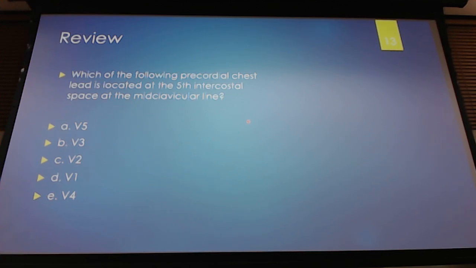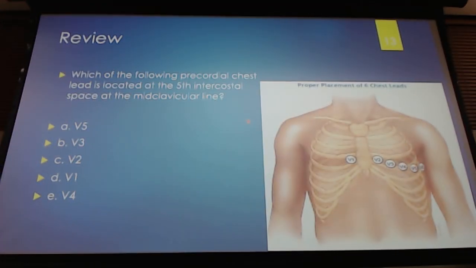Always go with your first guess, right? V4. Does anybody agree with that? Yeah, V4, right? Because V5 is going to be anterior axillary, and then V6 is going to be mid-axillary as we go across. Remember, you're going to put V1, V2, you're going to skip V3, you're going to go to V4. Once you place V4, you'll go back and place V3.